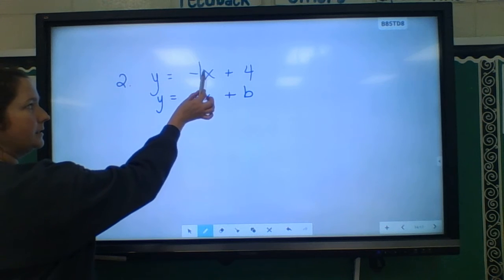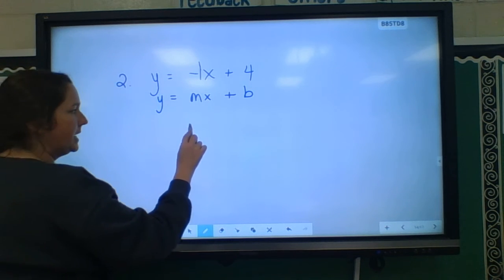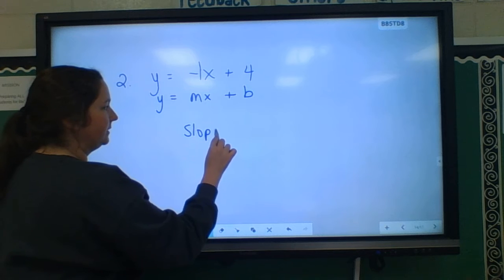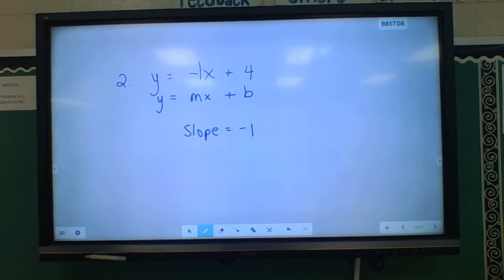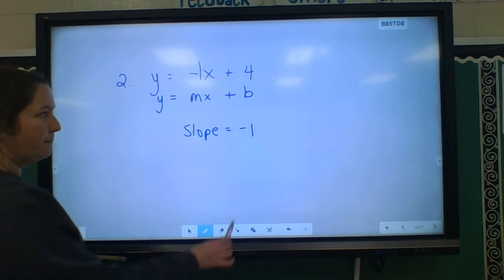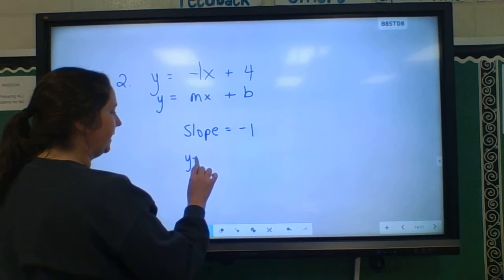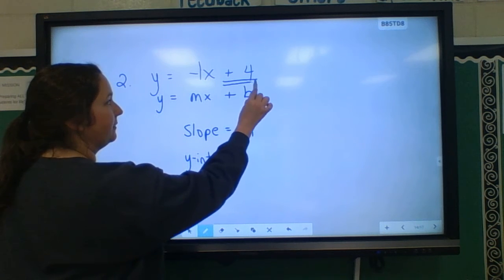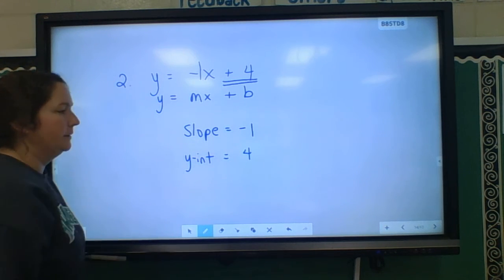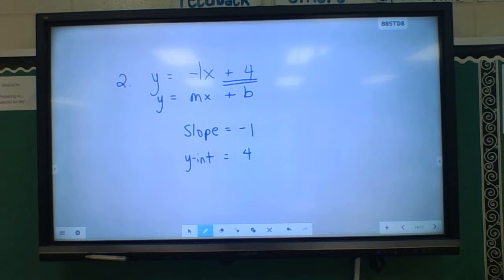M. What is the number in front of x? -1. M represents slope. So slope is -1. B represents y-intercept. B is +4.